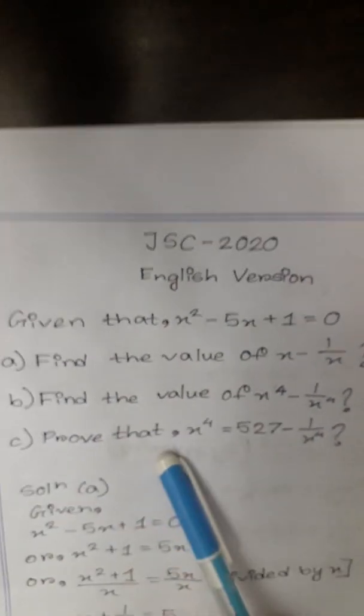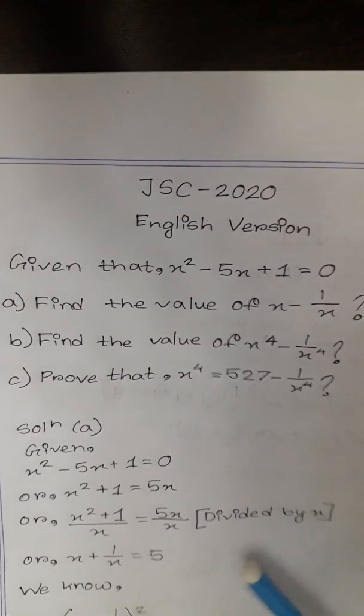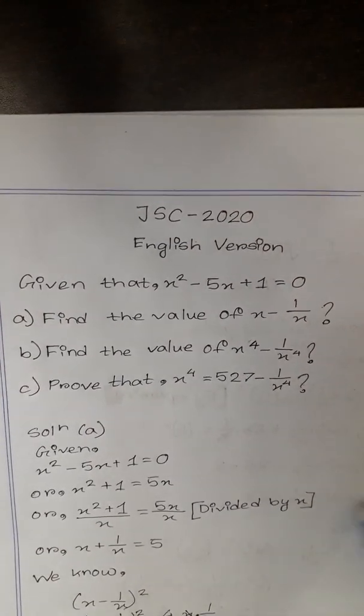And now let's move to solution C. Okay, let's carry on. Solution C: prove that x to the power 4 is equal to 527 minus 1/x to the power 4. Okay, pretty hard. Fine, let's get started.